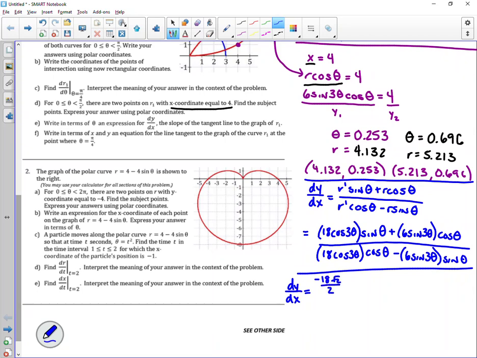Sine of 3 pi over 4 is root 2 over 2. 6 sine of 3 pi over 4 is still root 2 over 2. Cosine of pi over 4 is root 2 over 2, all over.